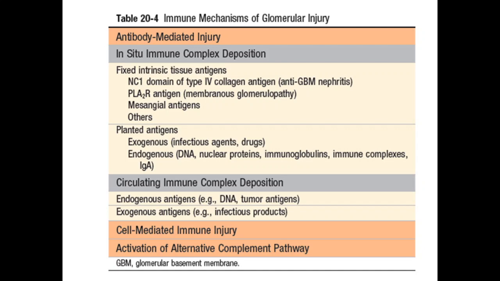The circulated form of the immune complexes, which develops subendothelially, is divided into two types, endogenous and exogenous too. And of course, for cell-mediated immune injury, we can describe here a pattern of activation of the alternative complement pathway.